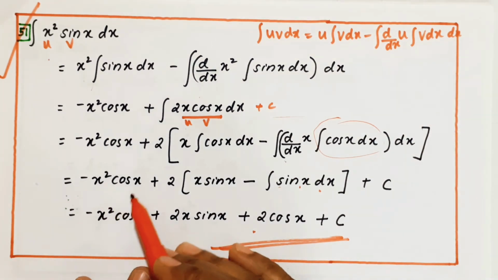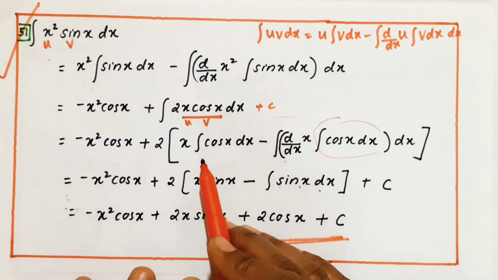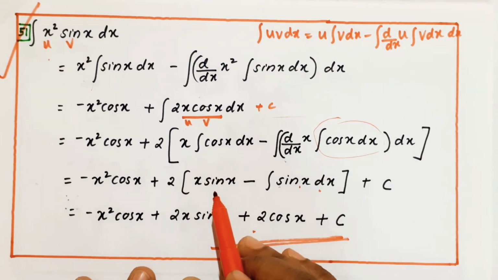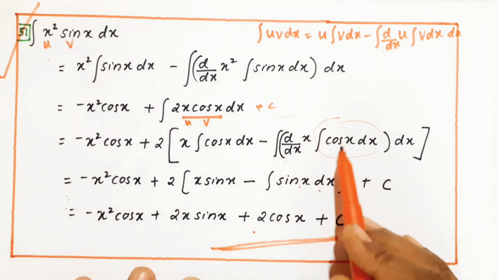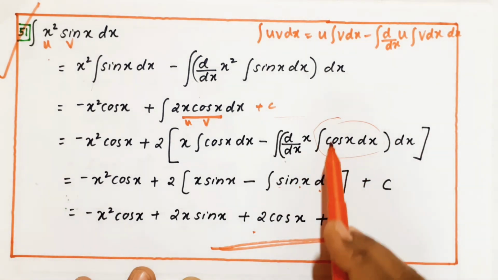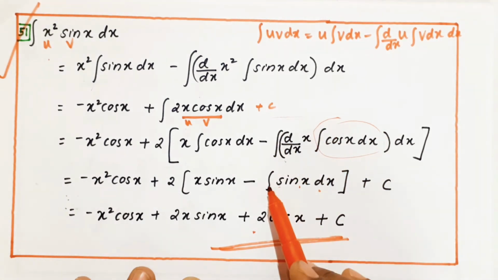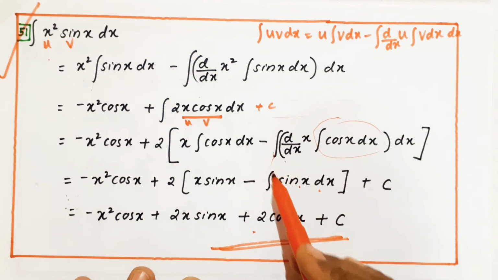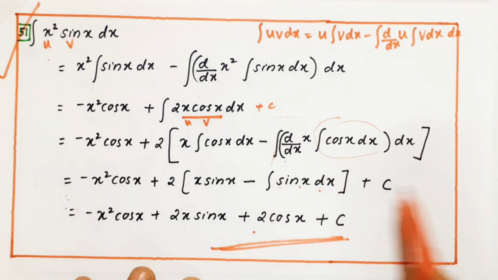Now minus x square cos x plus 2 into x cos x integral is sin x minus integral of 1 into cos x is sin x dx. Right, this full is sin x and this integral changes to sin x. This is the dx plus c.